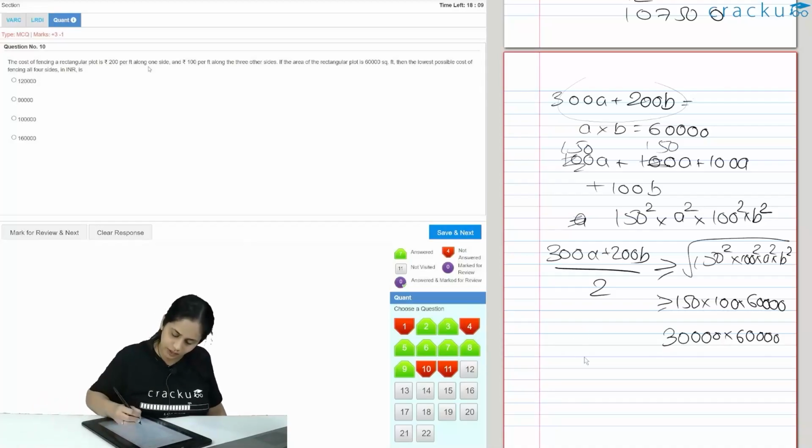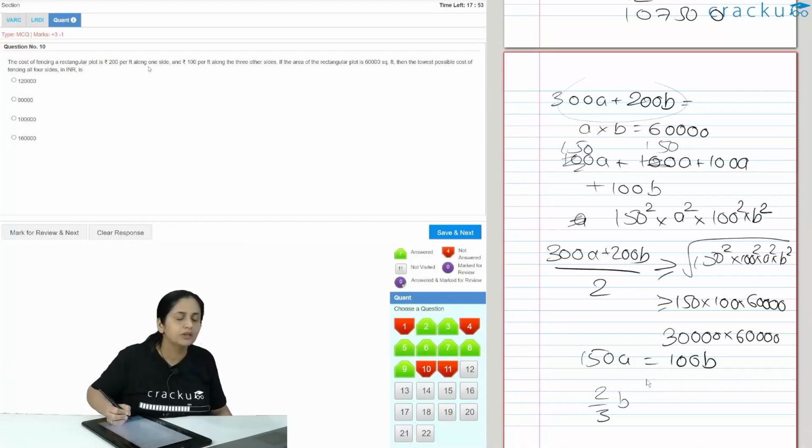So essentially you'll have to have 150A is equal to 100B, right? So you have 2 by 3 times of this, so this is equal to how much? This is 60,000, so that is what?